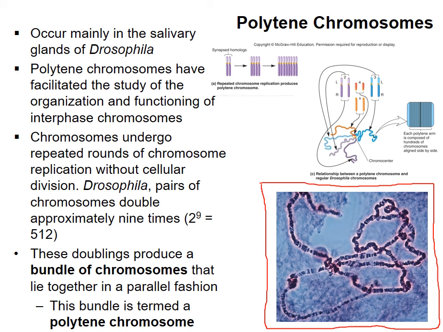And the fact that we call it a polytene chromosome hints at the fact that as it's doubling in genomic information, it tends to bundle up. So you can see right over here, it tends to bundle up. And these bundles make these band-like formations that once again make it very easy to visualize under the microscope. It is an excellent slide to start studying the structures of chromosomes. So here is your little polytene chromosome.